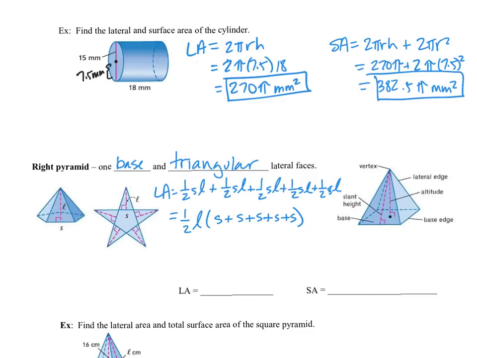So in other words, to find the lateral area of a pyramid, we just take 1/2 capital P times L, where capital P is the perimeter of the base and L is the slant height. So let's go ahead and fill it in down here, 1/2 capital P times L. And then to find the total surface area, all we need to add to that is the area of the one base. So we will write the total surface area formula like this, 1/2 P times L plus capital B, where remember capital B represents the area of the base.